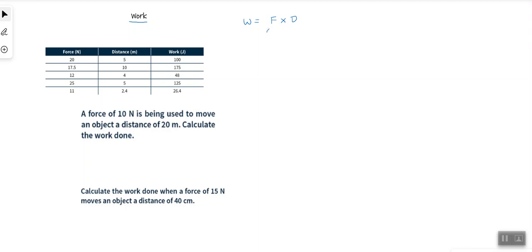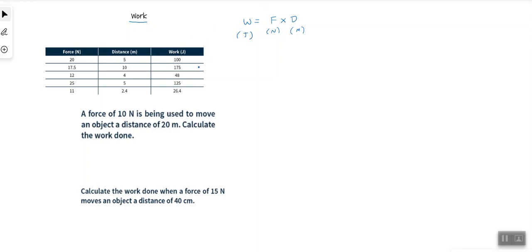Force is going to be in newtons, and distance is going to be in meters. So remember, always make sure that you're using the correct units, and therefore this is going to be newton meters, or what are known as joules. Okay, so they're the units that you're going to use.